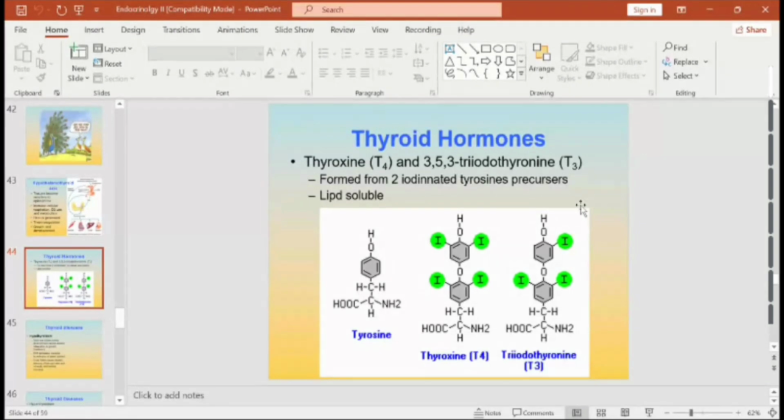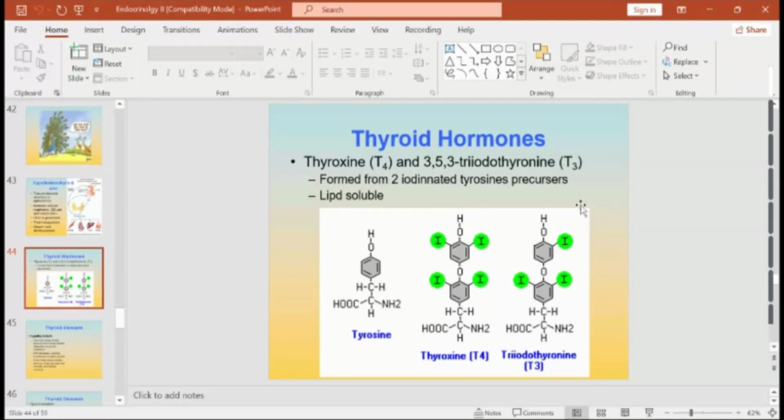It is also responsible for growth and development in a rather indirect way. Chemically, the thyroid hormone consists of two hormones: thyroxine, which we usually abbreviate as T4, and 3,5,3'-triiodothyronine, which we simply abbreviate as T3. It is formed by two iodinated tyrosine precursors, and once you combine them, you end up with the two hormones.